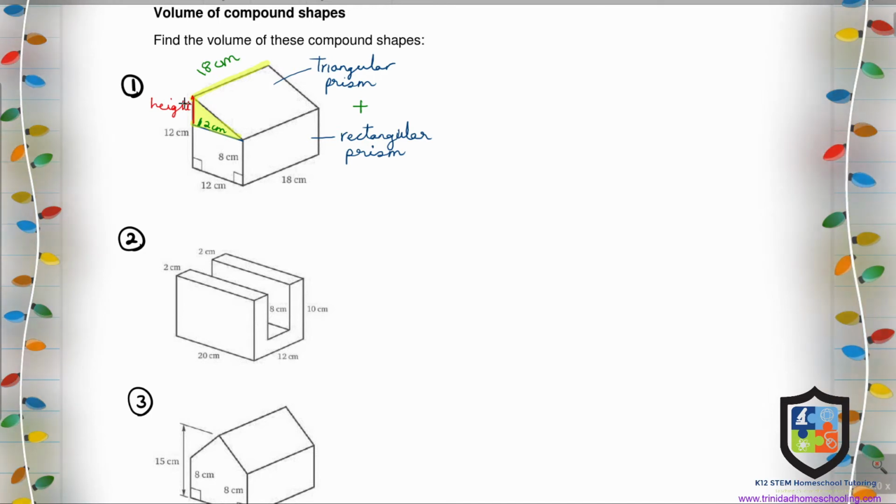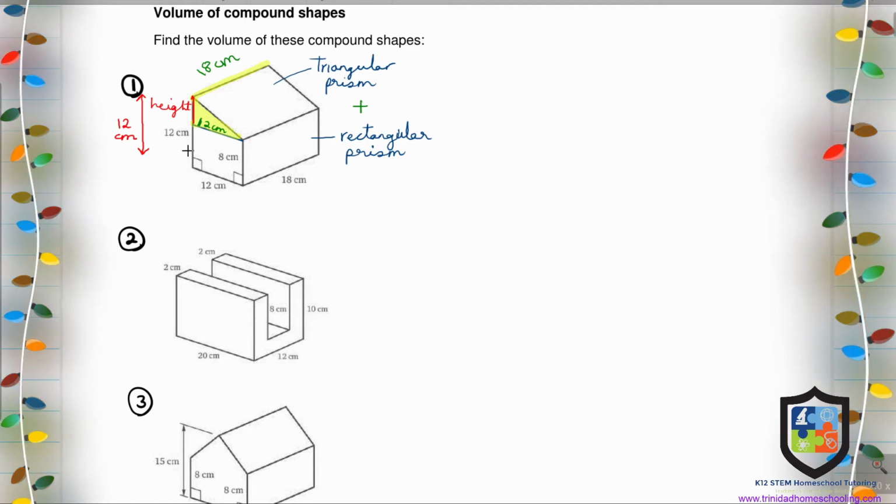Okay, now what is that height? How can we find that height? Now, this 12 centimeters here before is the height from the top to the bottom. Okay, so this entire height is 12 centimeters.